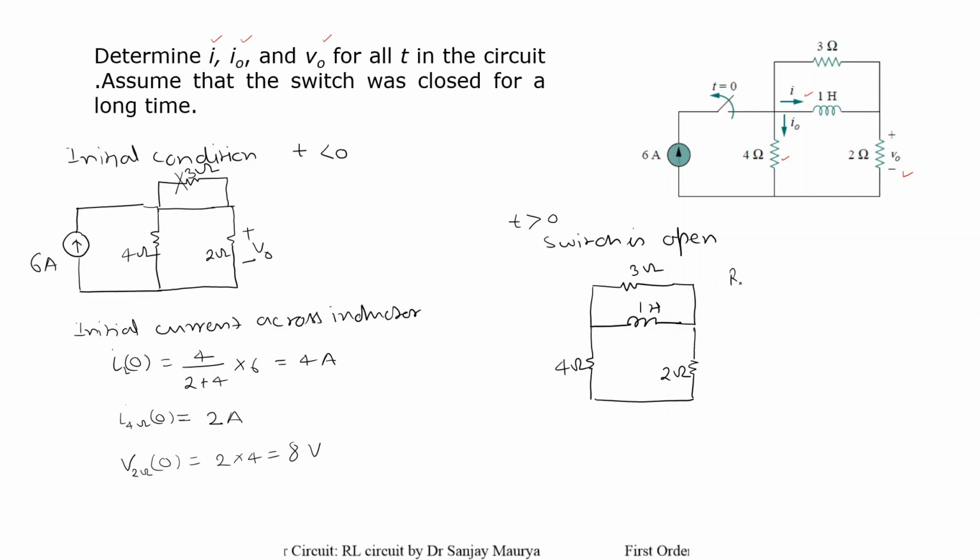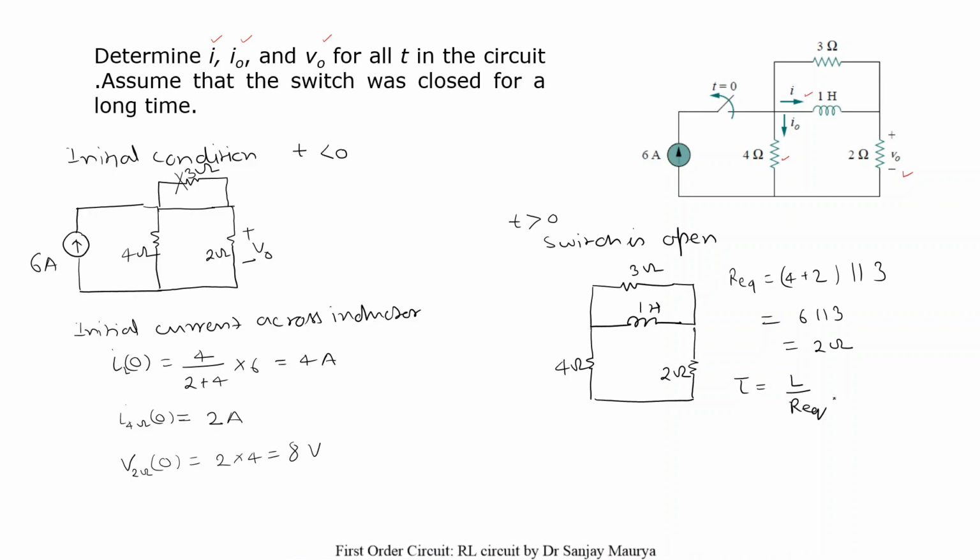So R equivalent will be 4 plus 2 in parallel with 3. So this will be 2 ohm. Now tau will be L by R equivalent, so 1 by 2 second.